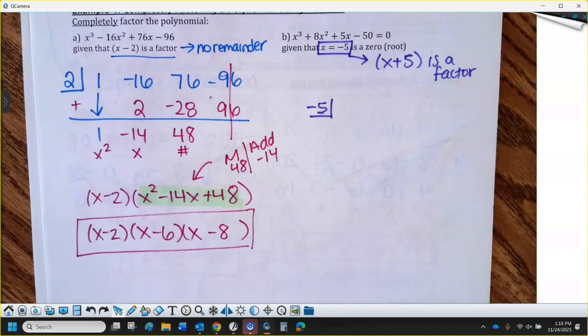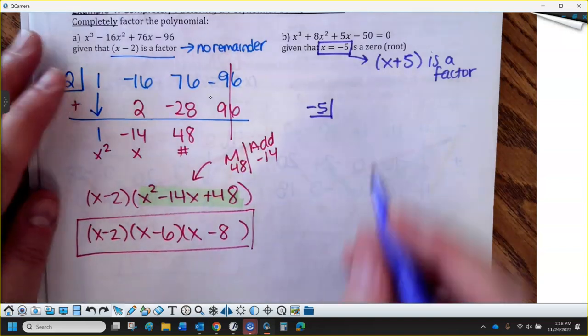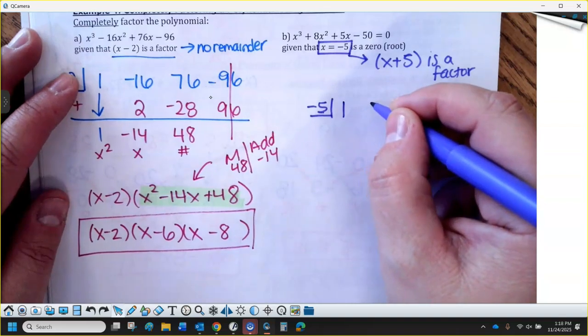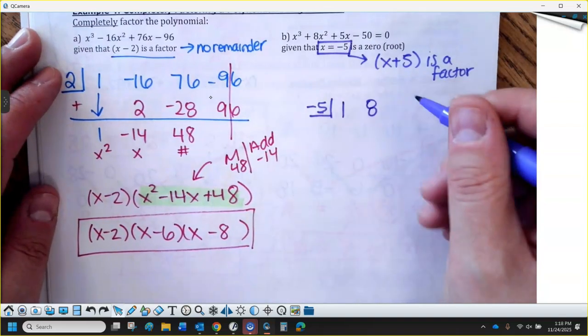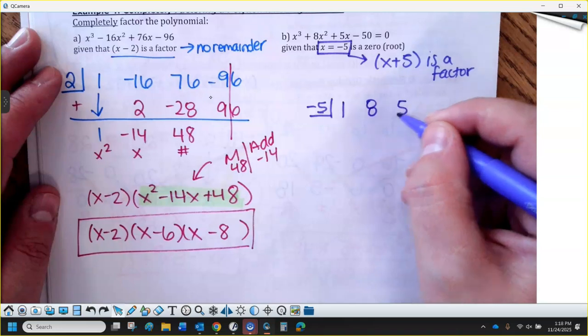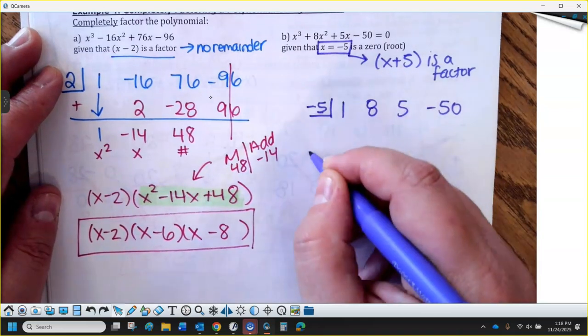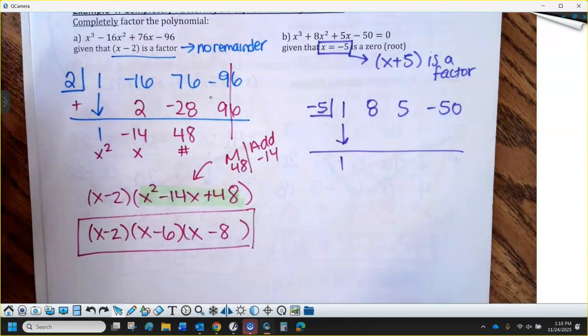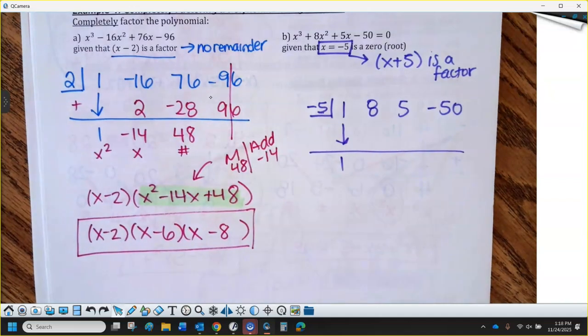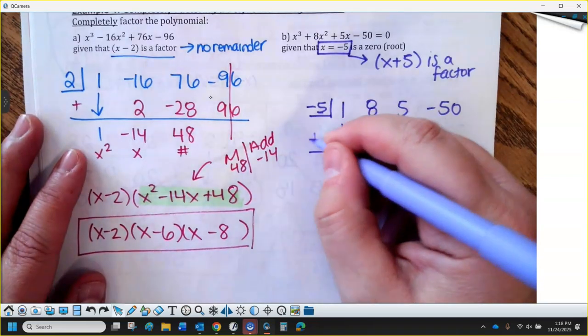If they give you the 0, that is the number that's going to go outside the little box. I'm going to use this to break down that lovely polynomial. We're not missing any powers of x. I've got 1x cubed, 8x squared, 5x, and a negative 50. I'm going to bring down that first coefficient to start everything off, and then multiply and add all the way across.